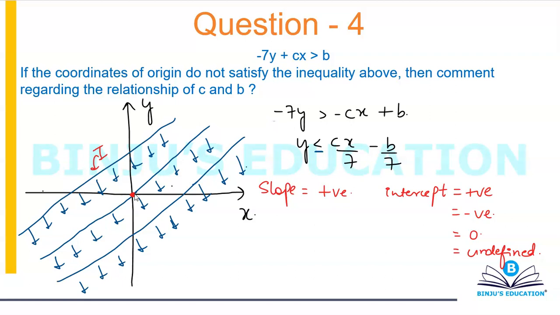Because it's lying in that concerned region, it is satisfying the inequality. Which means line number 1 is not the line that I have to take into consideration.